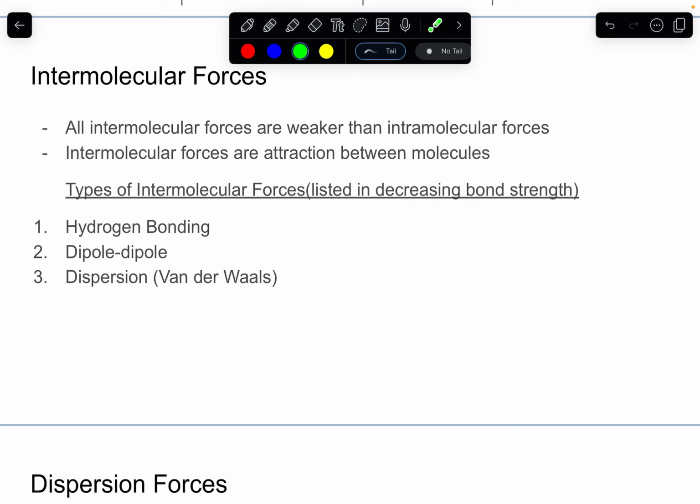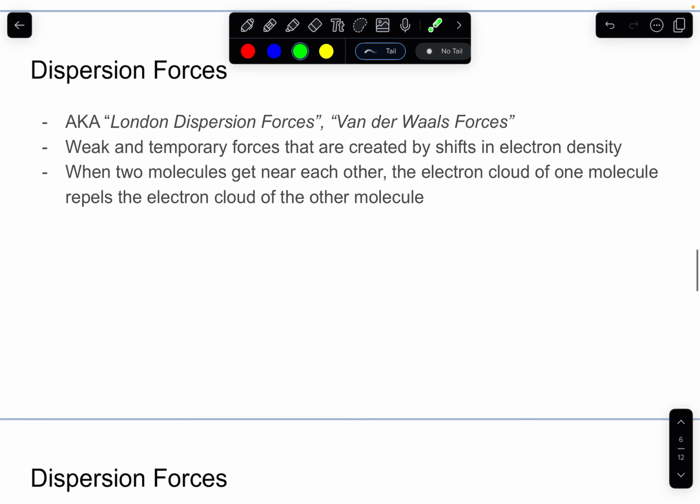So the strongest type of intermolecular force is hydrogen bonding. Next up, we have dipole-dipole forces. And finally, we have dispersion forces, also known as London dispersion forces, also known as van der Waals forces. All right, we're going to talk about each of these individually in the coming slides. So here we go.